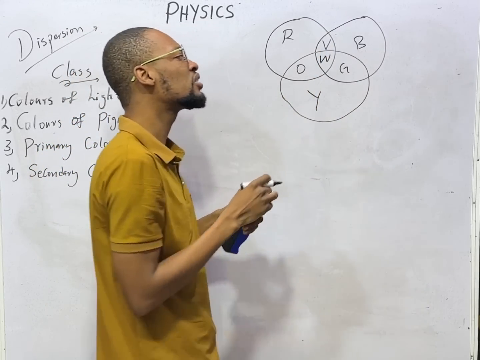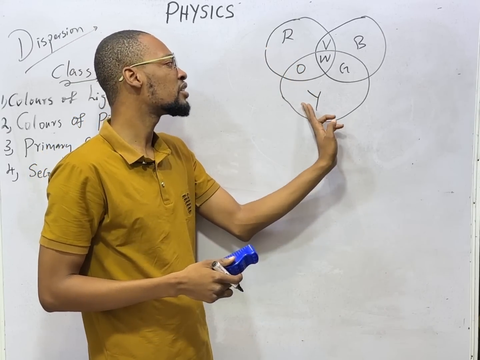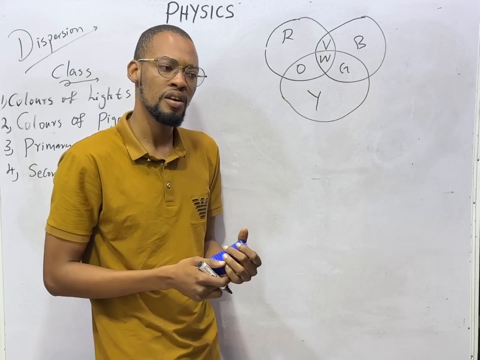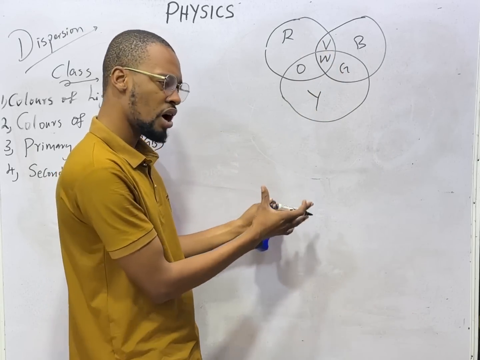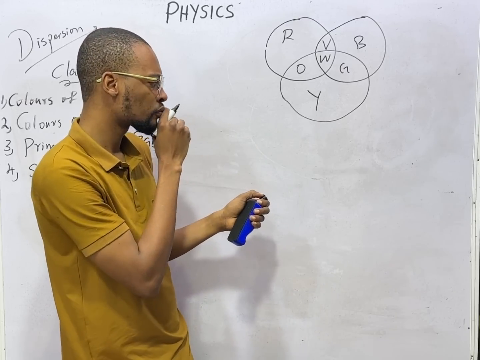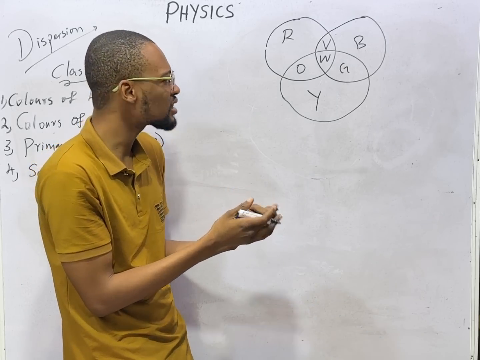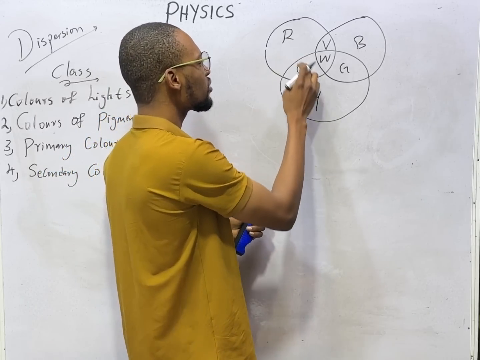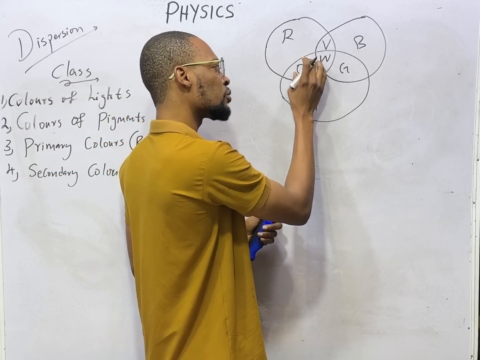So we combine all these colors to give us white. But this is red, this is orange, this is yellow, this is green, this is blue, and this is violet. I will draw another chart here. Before then, when you have a chart, a pie chart, like this, what is here simply refers to what this and this have in common.